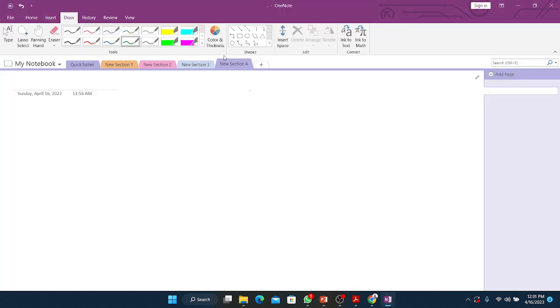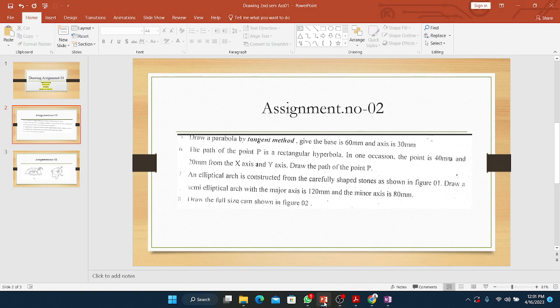So we will move to our drawing. First of all, I am going to draw a horizontal line. The size of the horizontal line we know: the horizontal is the major axis, 120 mm, and 80 mm means half of the minor axis is 40.